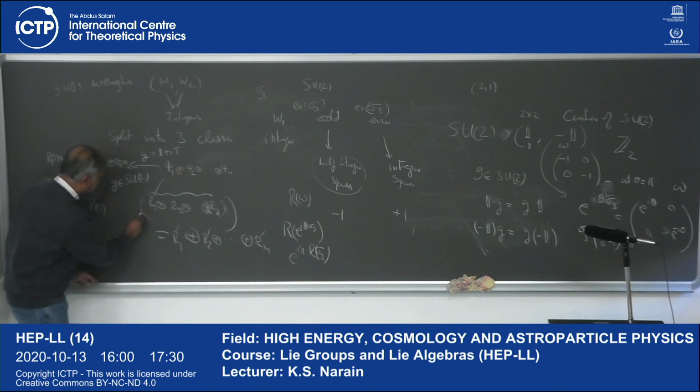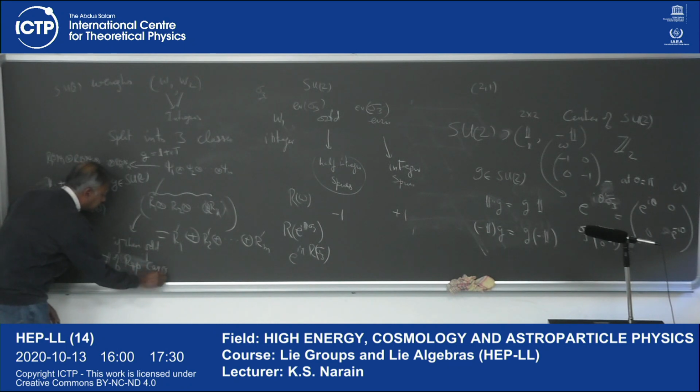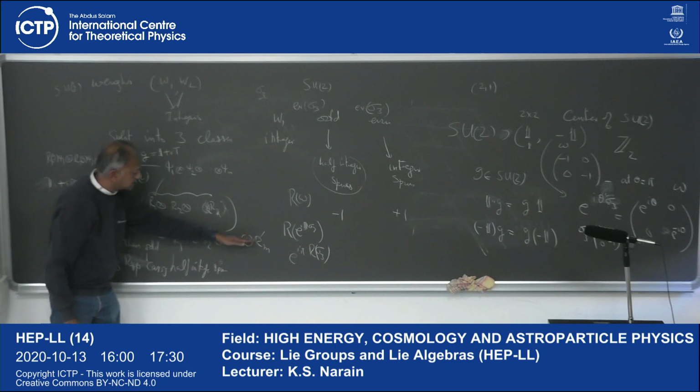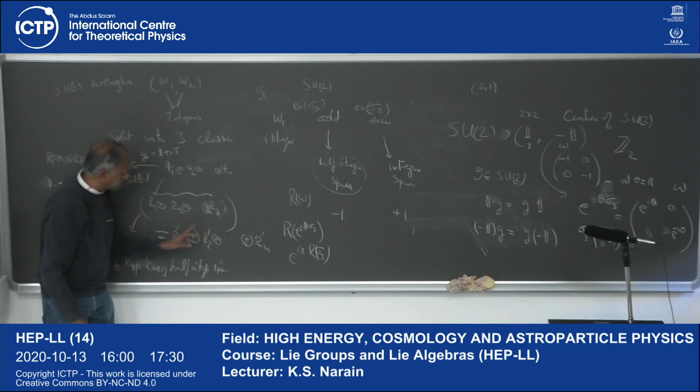So what is the conclusion? If there are odd number of representations carrying half integer spins, then on the right hand side, every single term, R1 prime, R2 prime, Rn prime, they are all half integer spins.